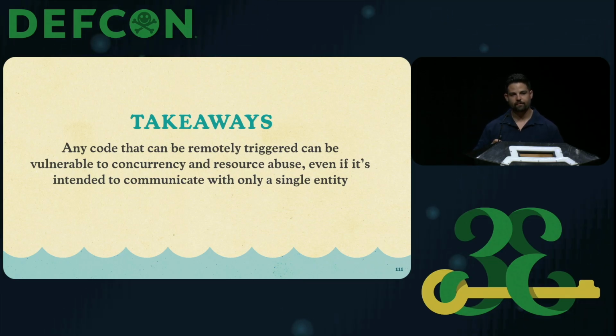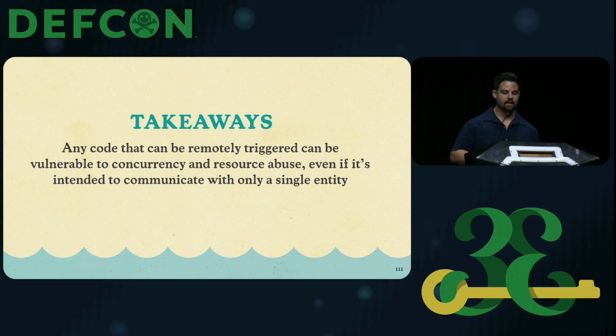So the first takeaway from this research is that if code can be triggered remotely, then you should prepare for the worst-case scenario, concurrency, and resource usage. And you should ensure robust security measures. In MSRPC, the most likely scenario is usually one client.